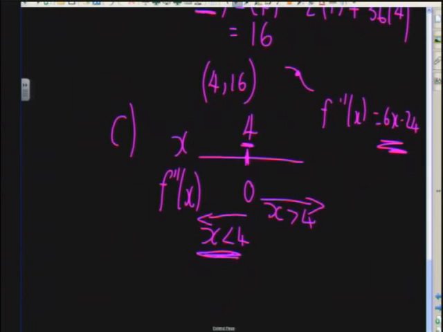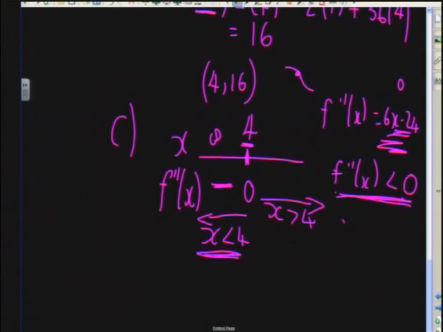So if I take any number less than 4 and put it into my second derivative, for example, take 0, because 0 is less than 4, you're going to get a negative answer. So everything less than 4 is going to give me negative values for the second derivative. So if the second derivative is negative, we're looking at a concave down function.